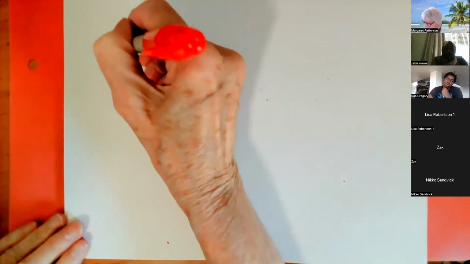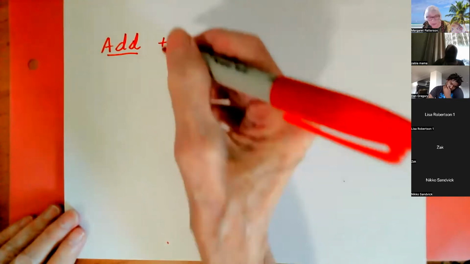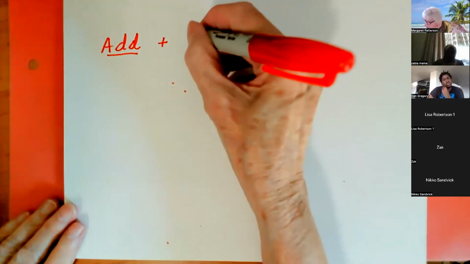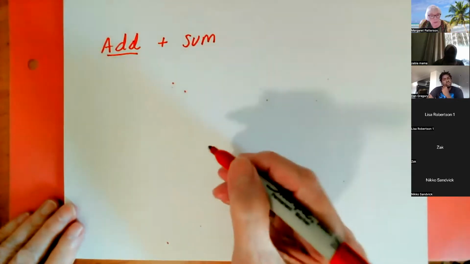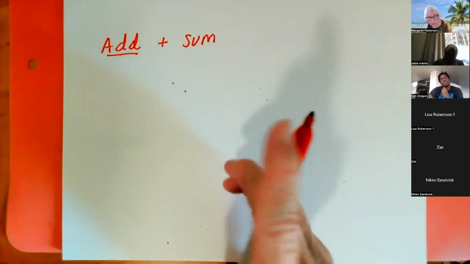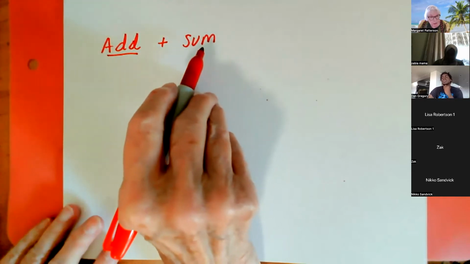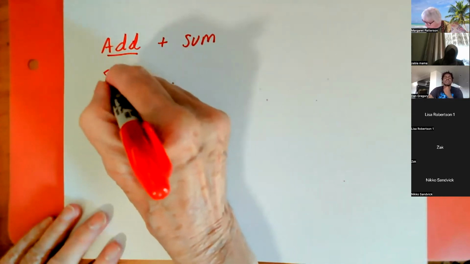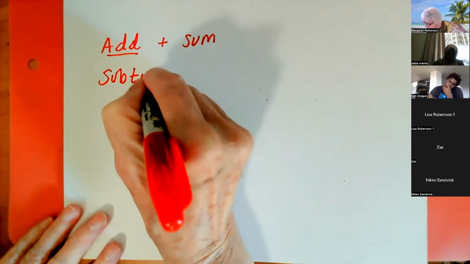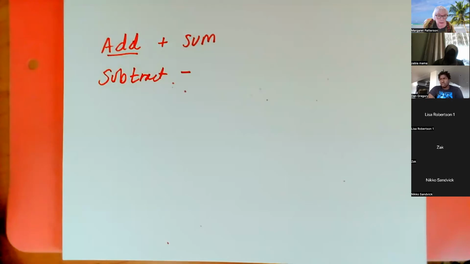I want to just review these really fast. When you need to add, you may use this symbol like that. You may use the word sum. Remember that we talked about it last class. There's a few other ways to do it, but these are the ones we've focused on so far. When you say subtract, the symbol is typically the minus sign.